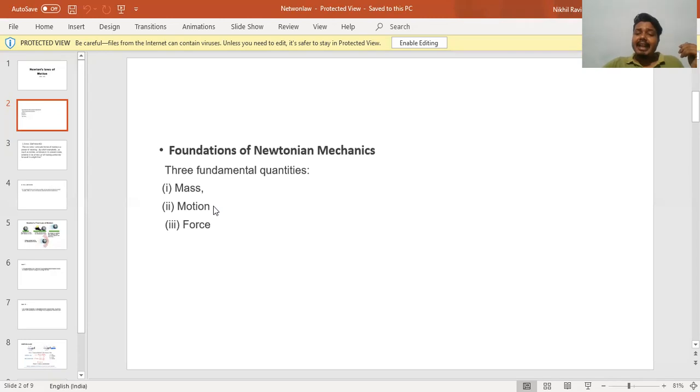After that, when we are talking about motion, what is motion? The concept of motion in physics is the change with time of the position or orientation of the body.